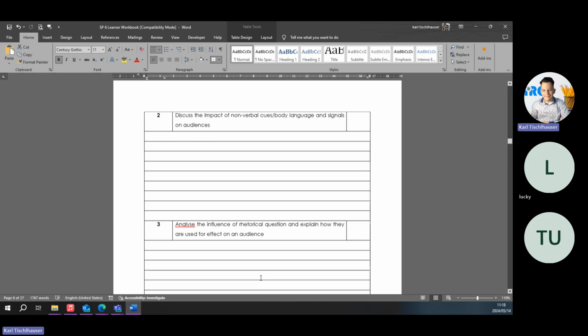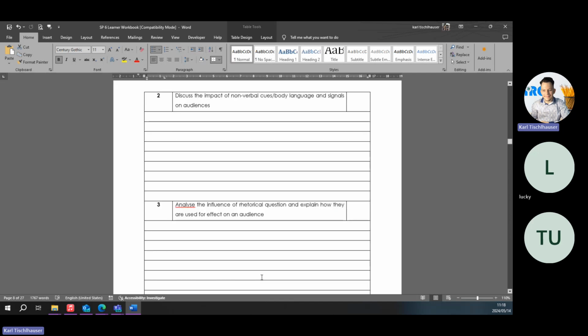Okay. Number 3 says analyze the influence of a rhetorical question and explain how they're used for effect on an audience. Do you know what a rhetorical question is? No. Okay. It's a question that's asked, but that doesn't require you to answer it. So if I said to you, don't we all hate having debt?